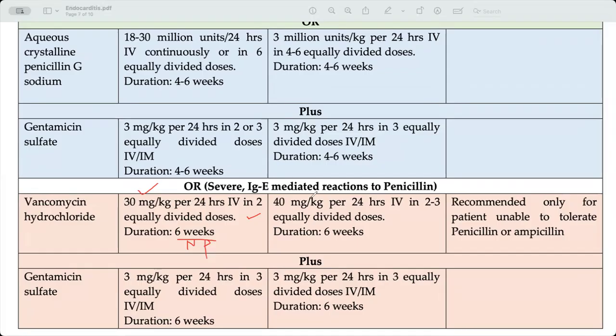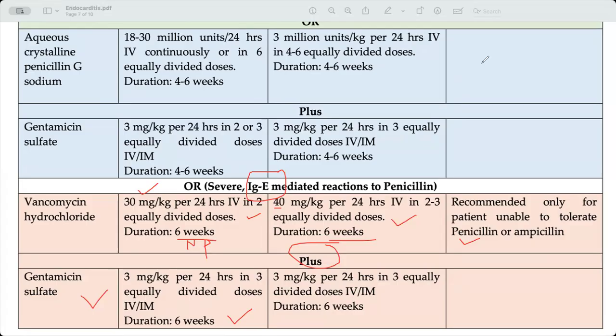And pediatric dose of vancomycin is 40 mg per kg per 24 hours intravenous in 2 to 3 equally divided doses, and duration is 6 weeks, and recommended only for patients unable to tolerate penicillin or ampicillin due to IgE mediated reaction. Plus the additional drug is the same, gentamicin sulfate. As we mentioned before, the dose is the same but duration is 6 weeks.